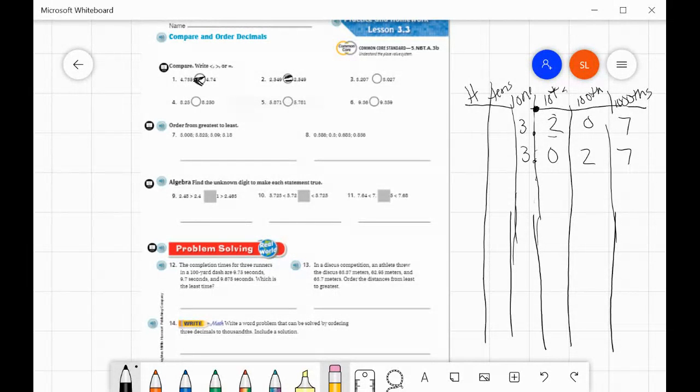So this number, 3.207, is larger than 3.027. So we would say that this is greater than, and we would go this direction. All right. I want you to pause your video and go ahead and do numbers 4 through 6.